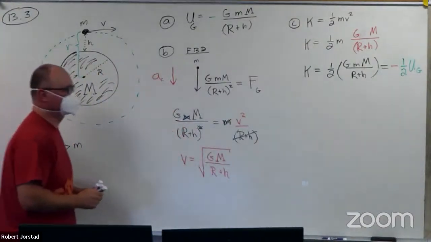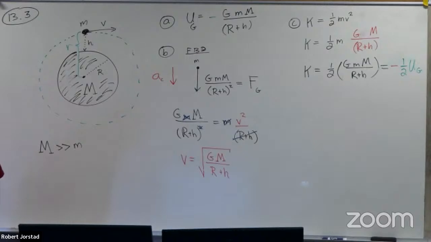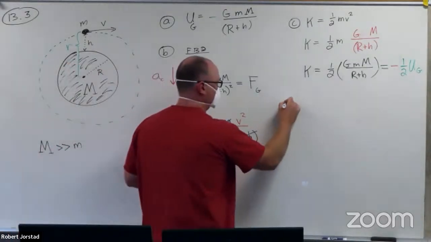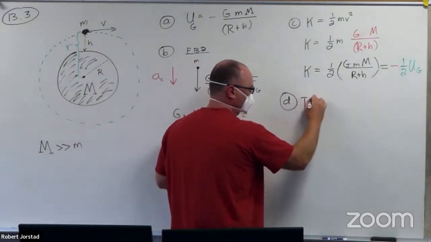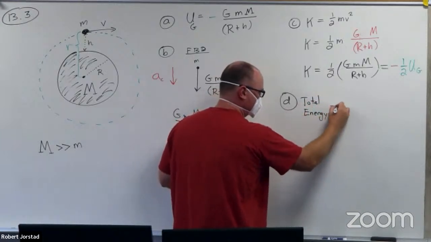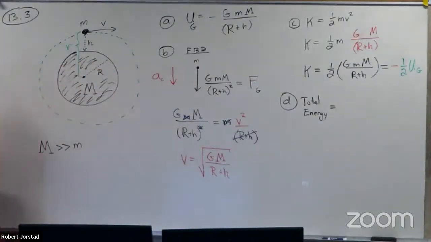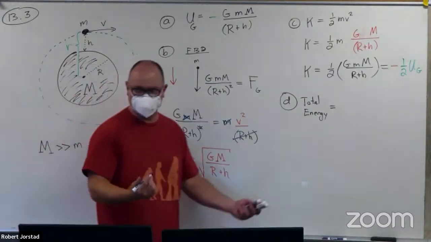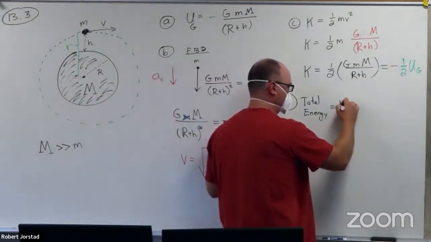So what, I think part D, let me make sure I'm not skipping ahead. D, what is the total energy of this particle as it's orbiting? Do you agree that would just be K plus U? Just add the two energies together?